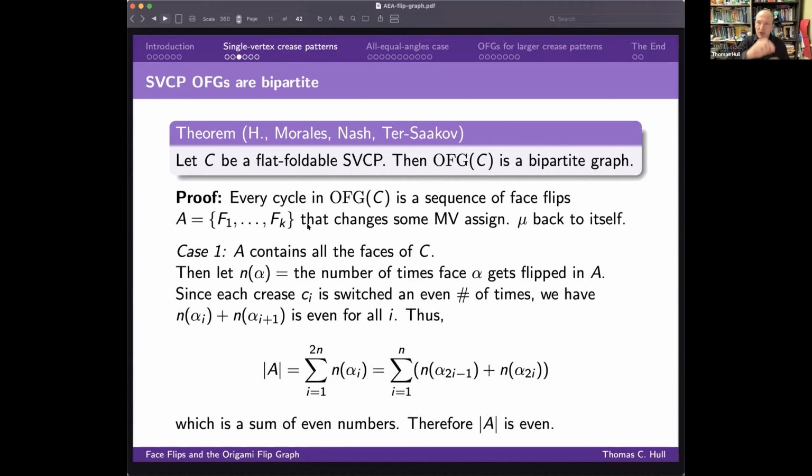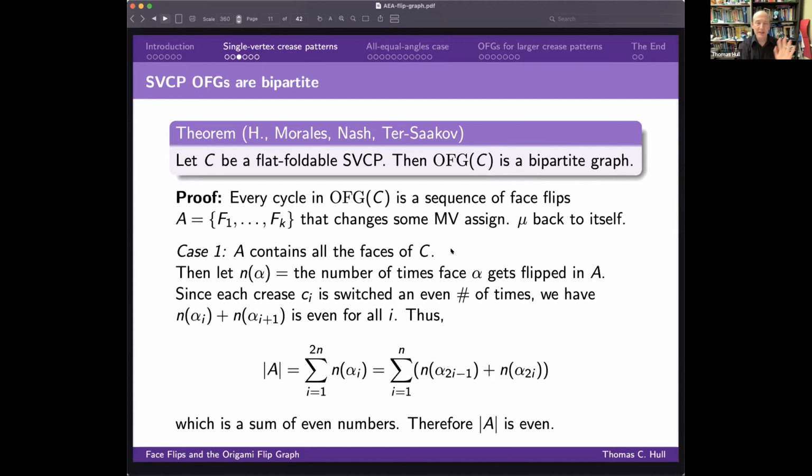And that will start with some mountain valley assignment mu, and then change it, and then come back to mu. So it's changing a mountain valley assignment and then bringing it back to the same one. That would be a cycle in the origami flip graph. Okay, but our crease pattern is just a single vertex crease pattern here. So what are the possibilities? Well, one possibility is that our sequence of faces contains every face of the crease pattern C.